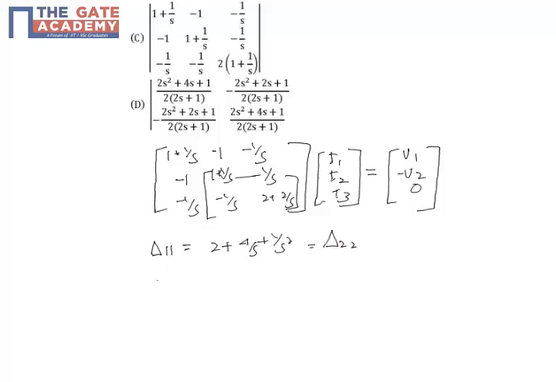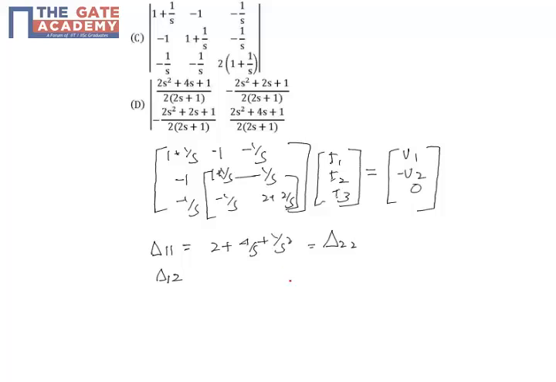Now for del 12, we have to remove this particular row and this particular column, and from the resulting matrix we have to find its determinant.